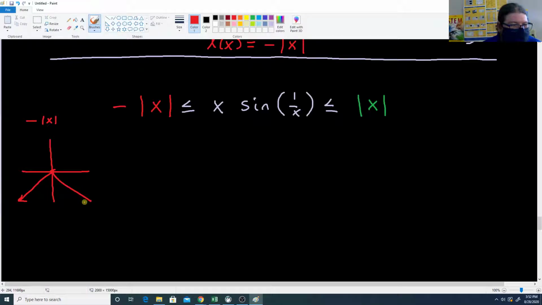So it'll be kind of an upside down V. And we can see from this graph, as we approach 0 from the left, the limit as x approaches 0 from the left is 0, and the limit as x approaches 0 from the right is 0. So the limit of negative absolute value of x as x approaches 0 is 0.